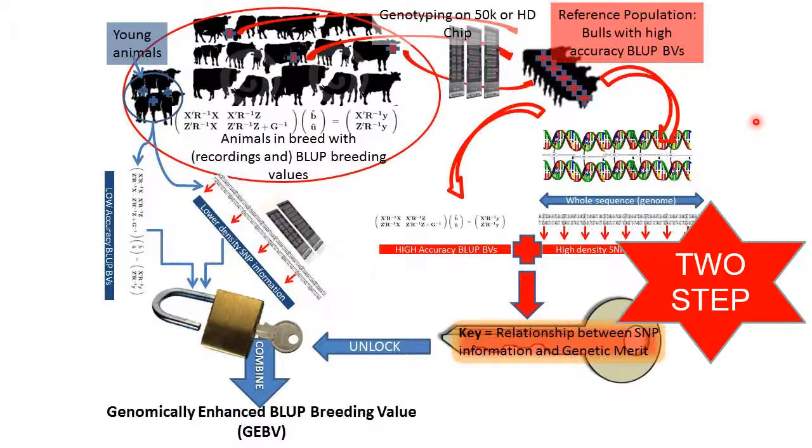Okay, and then we can go over to the very first attempts in adding additional information in our breeding value predictions, and currently we will call that the so-called two-step methodology, and it's based on the fact that you have to build the so-called reference population, and a reference population is being built by getting the genotype information of some animals in the population.